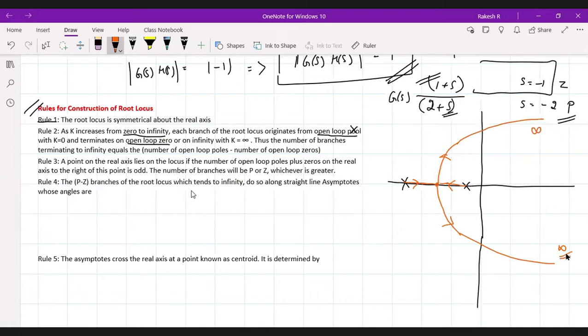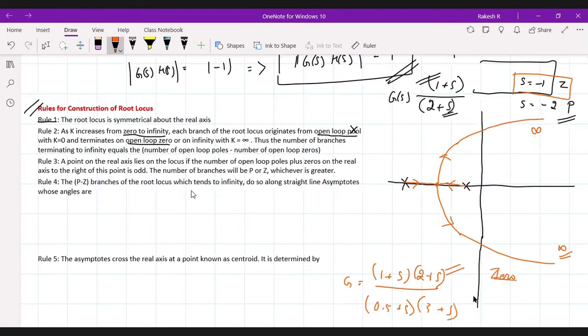Sir, what is the meaning of open loop pole and open loop zero? See, those are the roots. I told you, when I solve the numerical we'll understand. Like we'll have a question such as G(s) = (1+s)(2+s) divided by (0.5+s)(3+s). The roots of the numerator we call zeros.